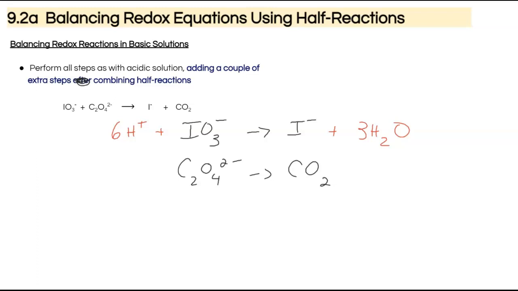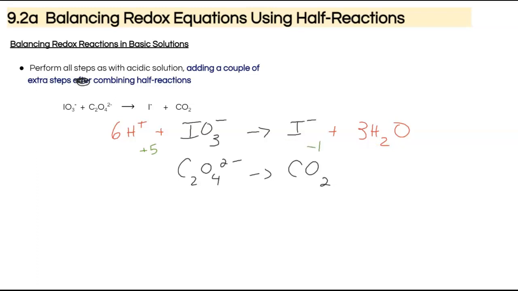Okay, I'm going to go ahead and balance my charges now by adding the correct number of electrons in. So here I have 6 positive charges and 1 negative charge, giving me an overall charge of positive 5 on my reactant side. And then I do the same on my product side. I have negative 1 and 3 neutrals, which gives me an overall charge of negative 1. Right?